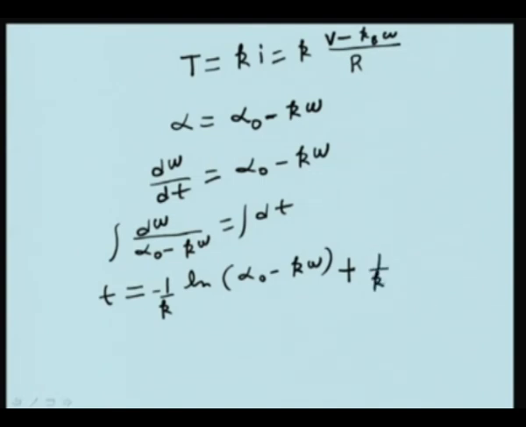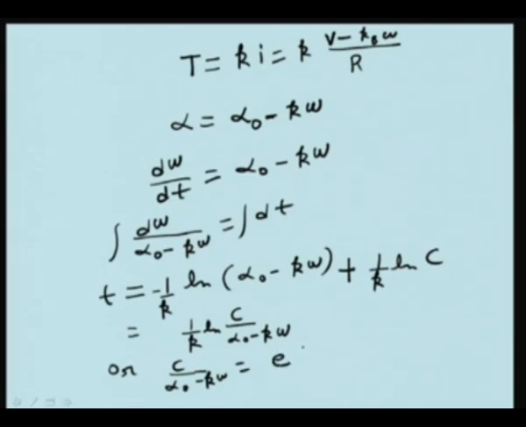Therefore, this can be written as 1 by k ln c divided by alpha 0 minus k omega, or c divided by alpha 0 minus k omega is equal to e to the power kt, or alpha 0 minus k omega is equal to c e to the power minus kt, which is an exponential relation.